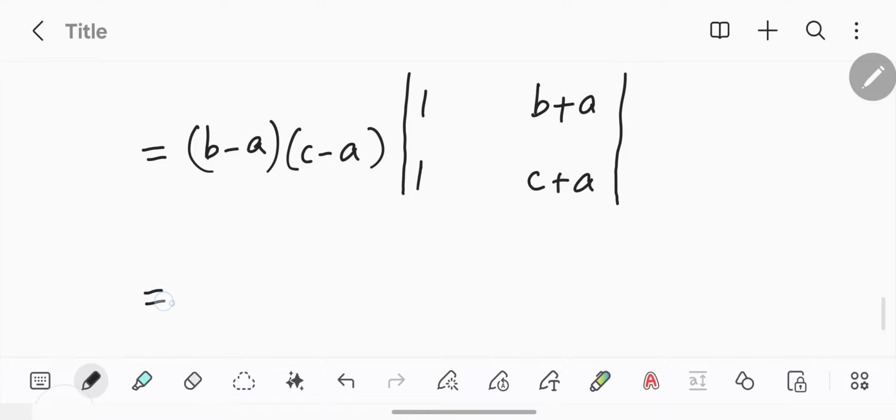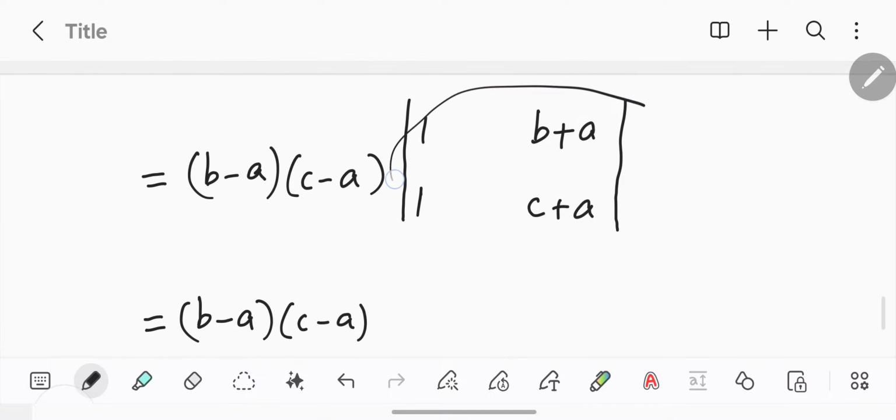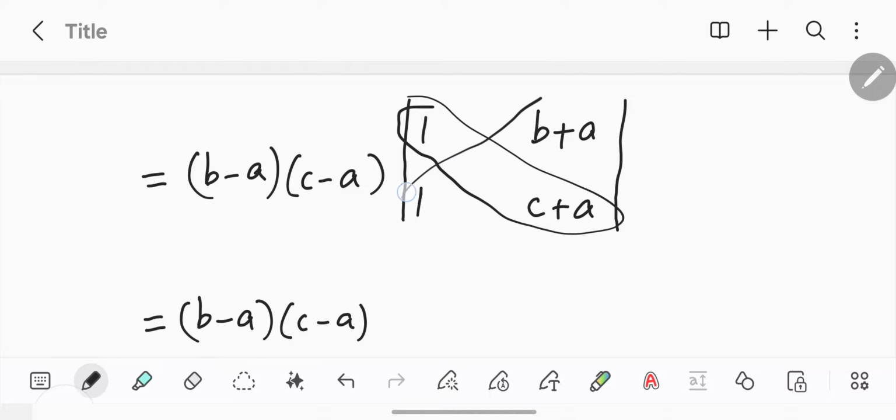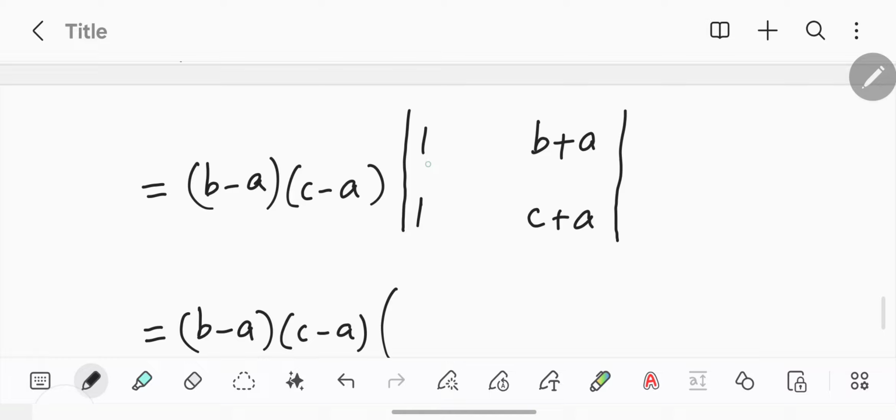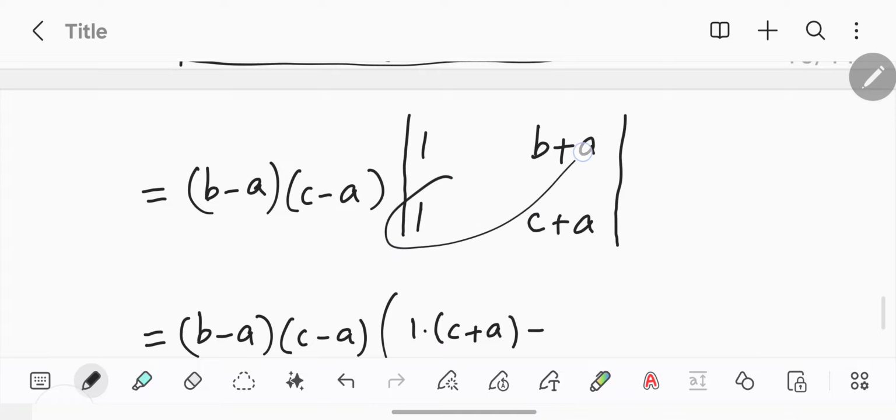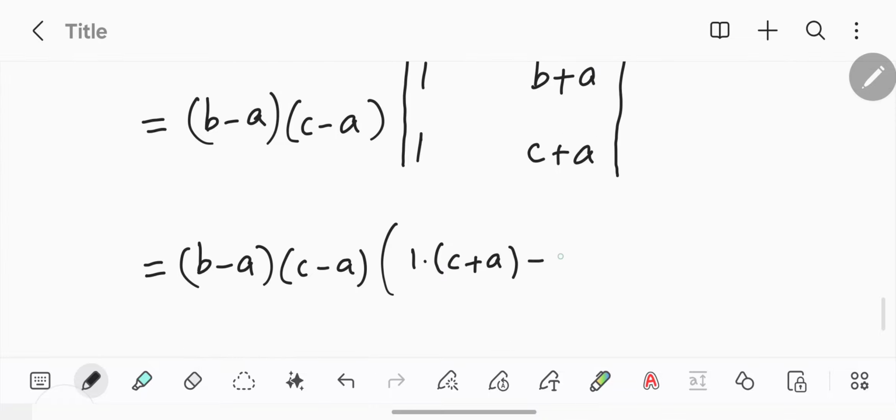Now, things are very simple. b minus a times c minus a. You know the determinant of a 2 by 2 matrix is just the product of these two minus the product of these two, okay? So I will write the product of 1 times c plus a, minus 1 times b plus a.